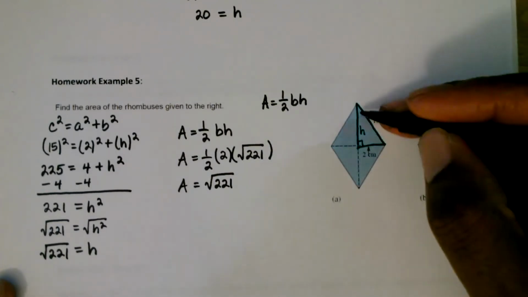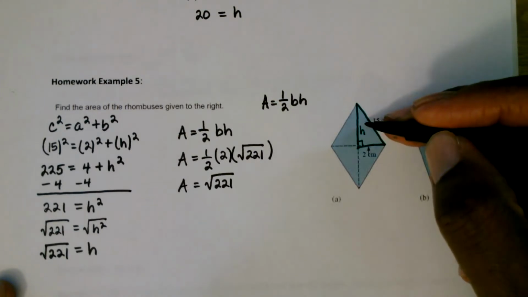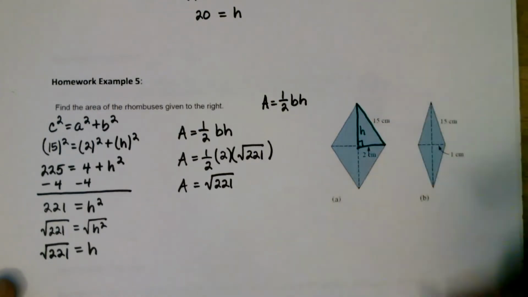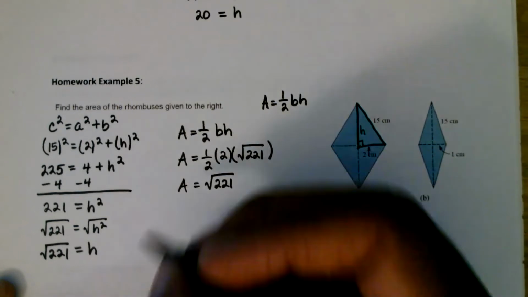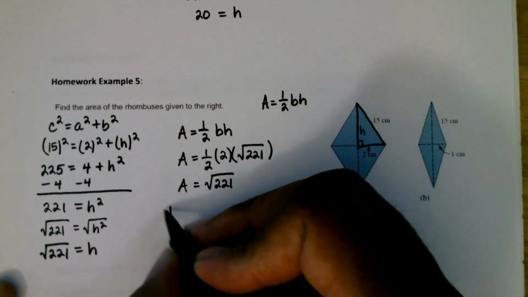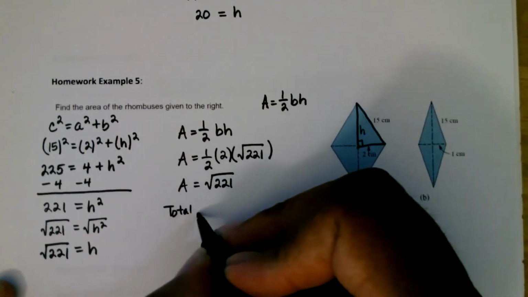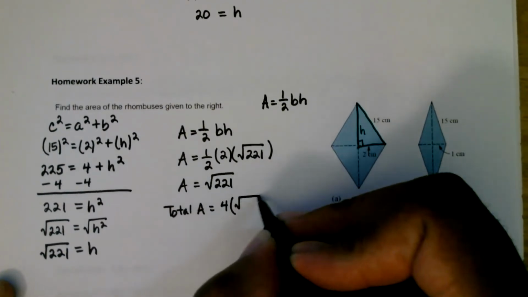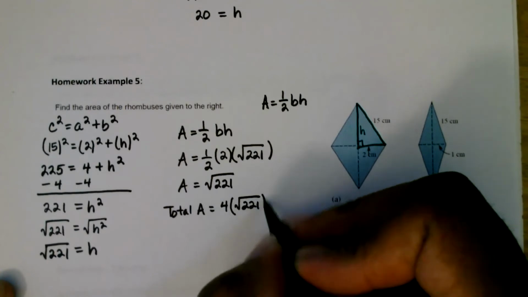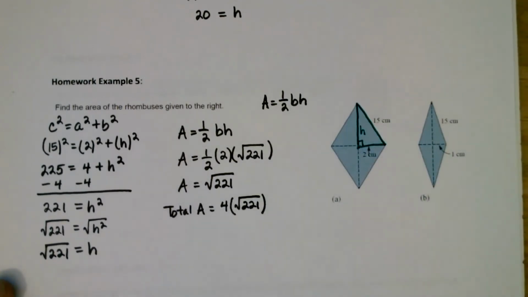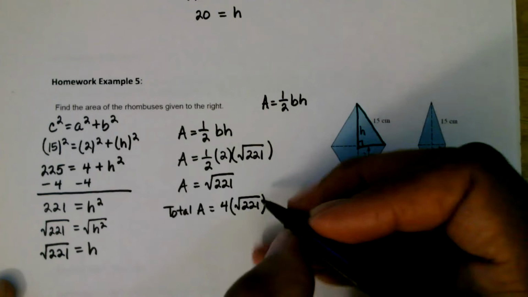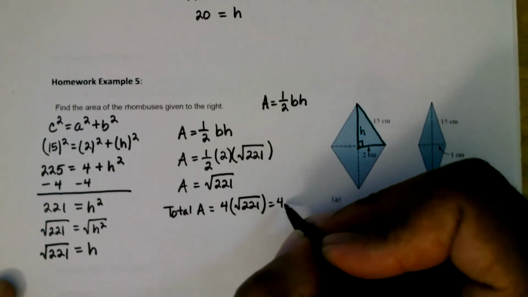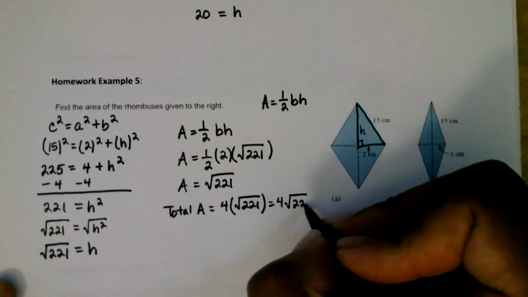That's only the area for one of these triangles here. But notice we got 4 equal triangles. So that means I'm going to say the total area is going to be 4 times the area of one triangle. 4 times the square root of 221, which will just be 4 square roots of 221.